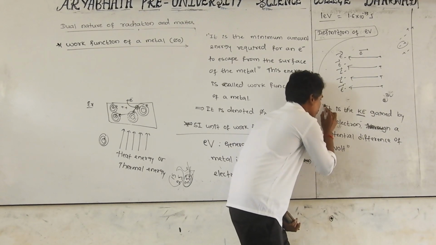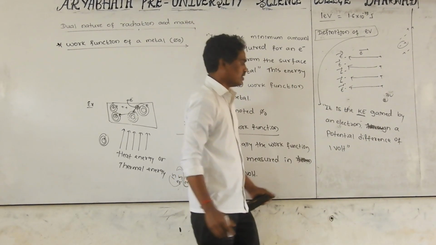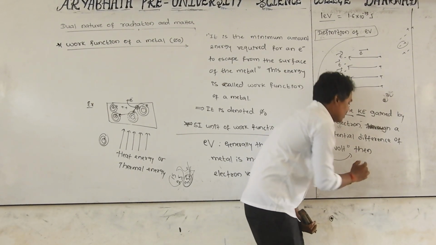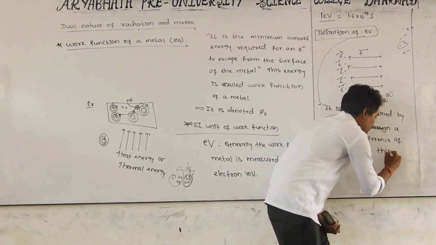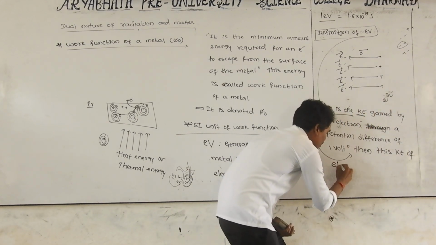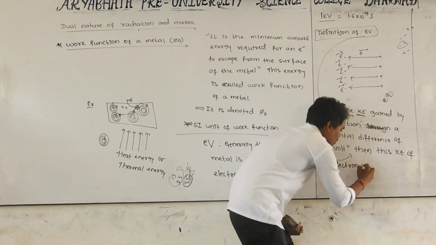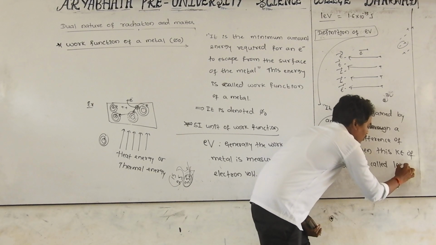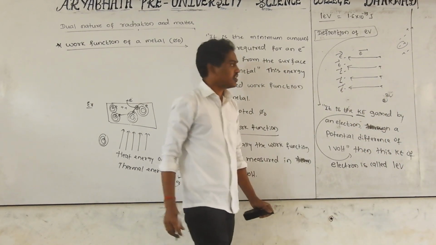Through a potential difference of 1 volt, that kinetic energy of the electron is called 1 electron volt. What is the condition here?